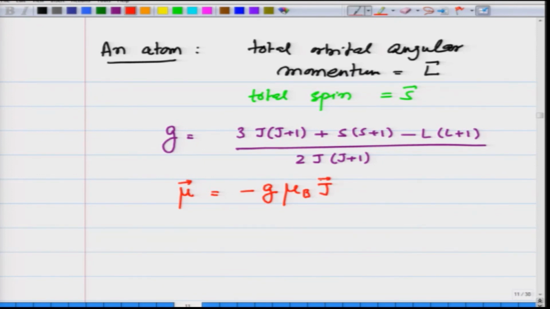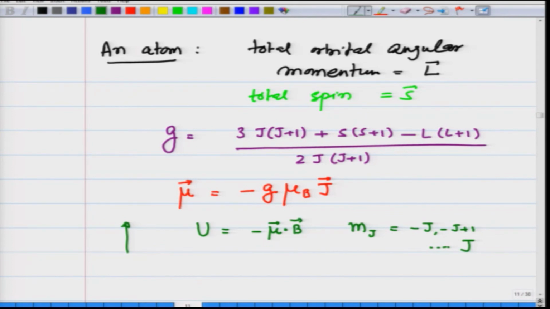And when I apply a magnetic field, each mu is going to have an energy U equals minus mu dot B, and therefore, each m_J value of J, which varies from minus J all the way up to J, is going to have a different energy.